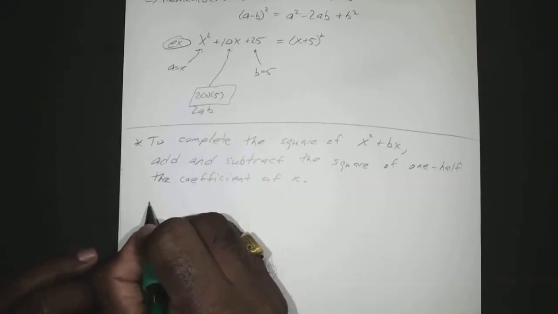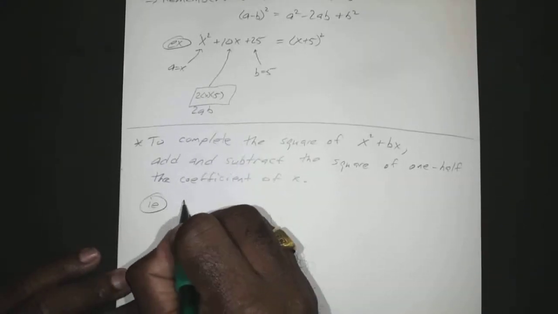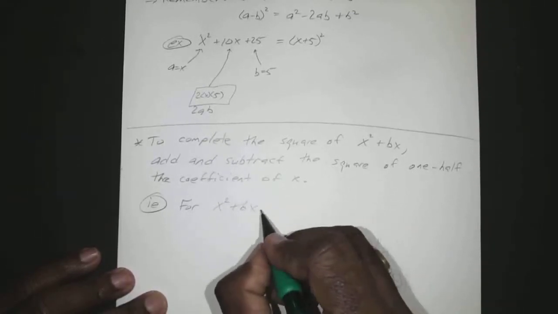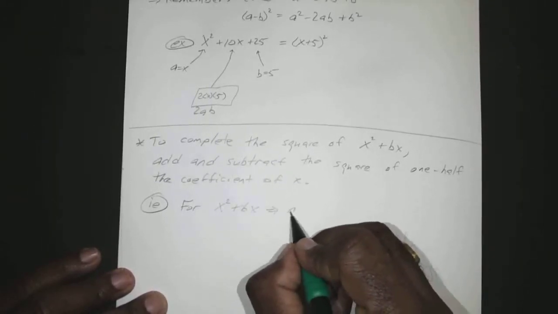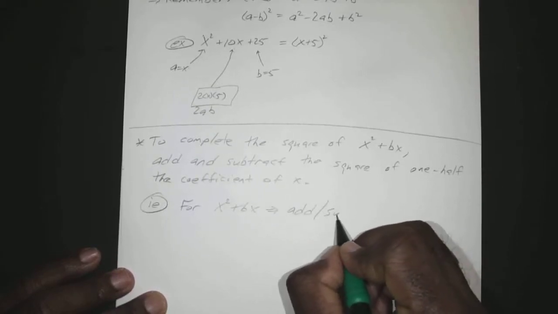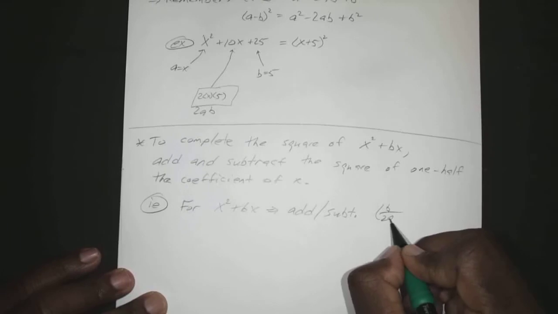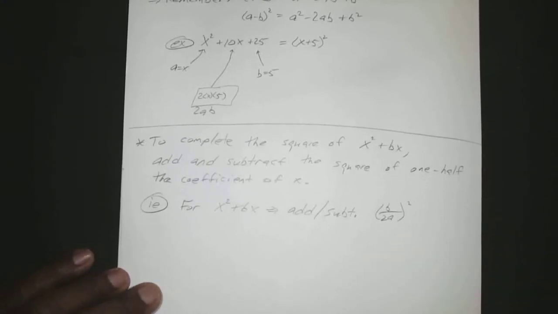Okay. So in other words, for x squared plus bx, you just want to add, or add and subtract, b divided by 2a squared.